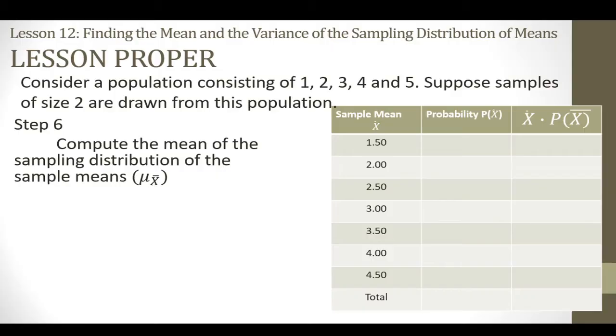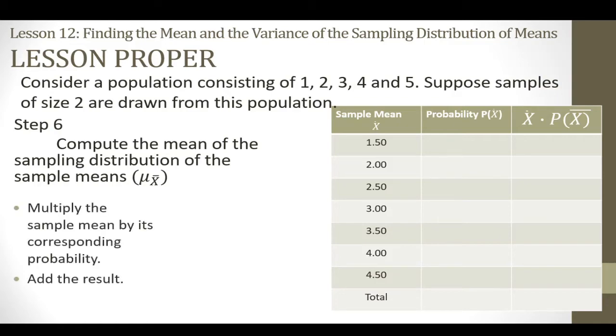So, paano kukompute daw natin yung mean ng sampling distribution? And to do that, again, we multiply the sample mean by its corresponding probability. Ayan. So again, yung probability natin rito, na-compute na natin kanina, i-multiply lang natin with the sample mean. So, 1.5 times 1 over 10, ilan?